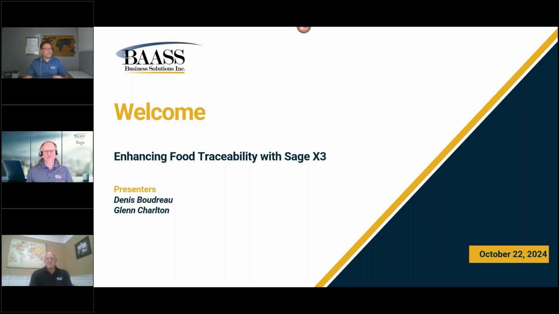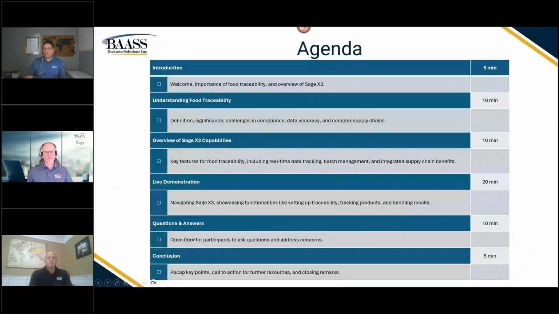So welcome everyone to this webinar on enhancing food traceability with Sage X3. So the agenda for today is, we want to spend as much time as possible within the solution, but the idea is to talk about food traceability.